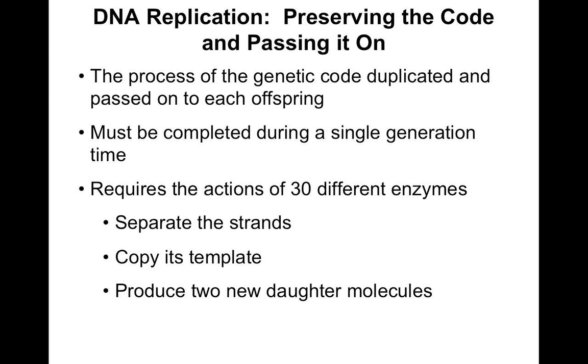You then copy both of those templates by adding new free nucleotides to both single-stranded pieces, making 2 double-stranded copies of the DNA. And then this will produce 2 daughter molecules, one will go to the daughter cell, one will stay with the parental cell.